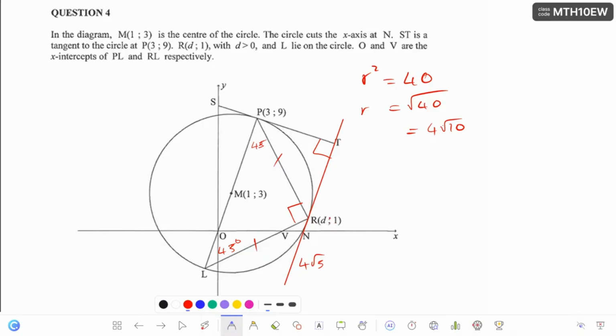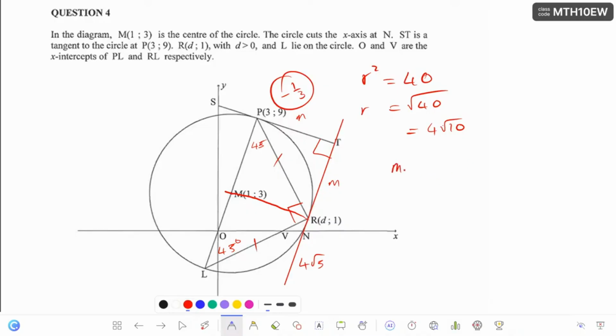We can simply calculate the gradient. Since we know the gradient of this line, I think it's -1/3, we need to calculate the gradient of this line, because if we multiply the gradients of the two lines, they need to give us -1.